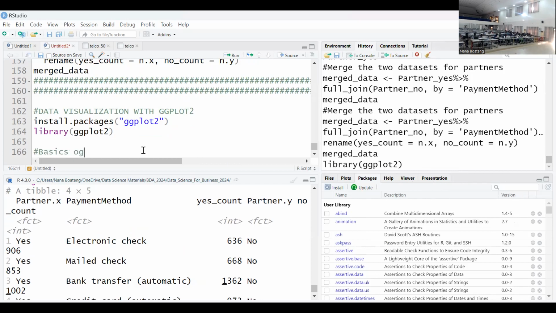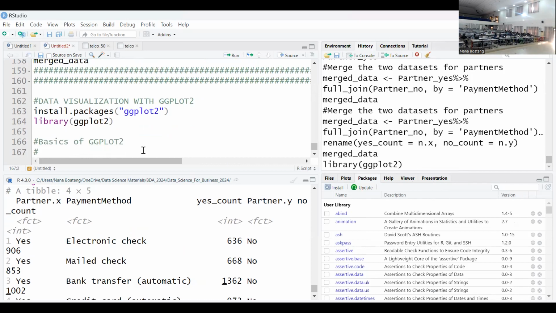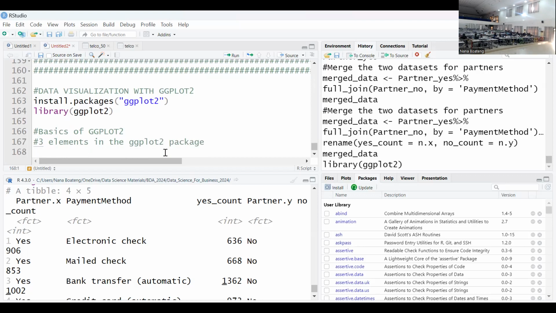There are three elements within the ggplot2 package. One, the data itself, the data that you want to visualize.